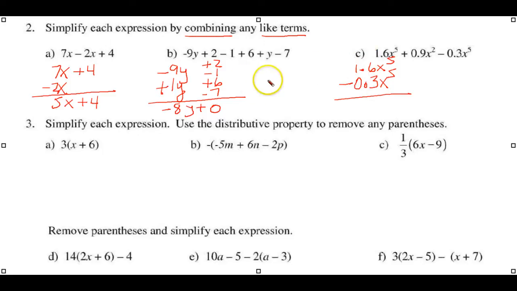The variables never change. So here, this is just going to be a 1.3 x to the fifth. And then we had a, right there, a plus 0.9 x to the second. All right, let's clear that up.